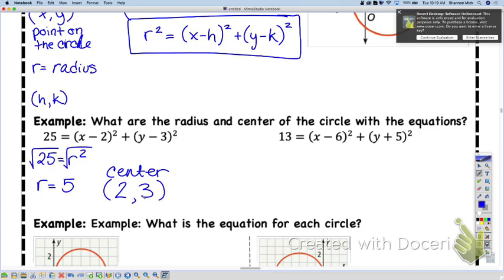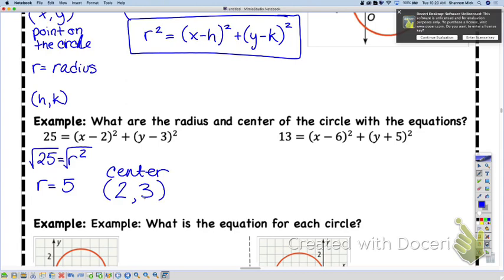I'll give you time to write that down. So 13 equals the quantity x minus 6 squared plus the quantity y plus 5 squared. Because those are equations of two circles, right? This first circle has a radius of 5 and the center at what? 2, 3. So could I draw that circle? Yeah.